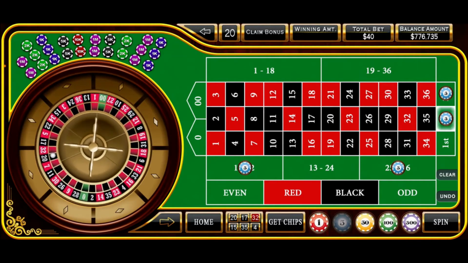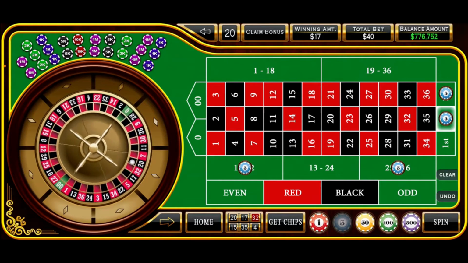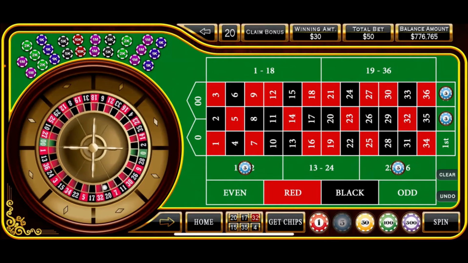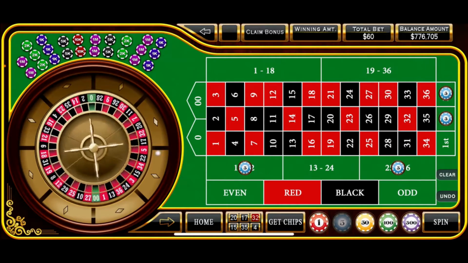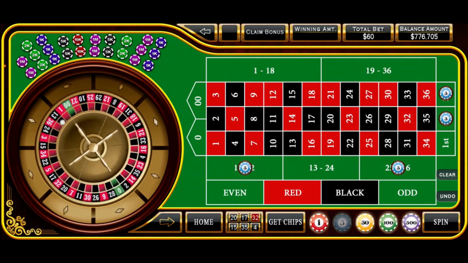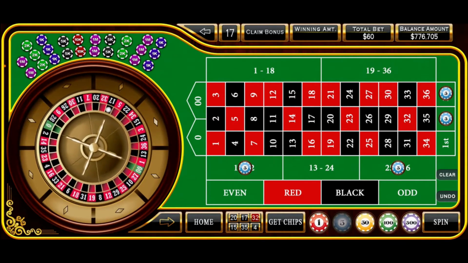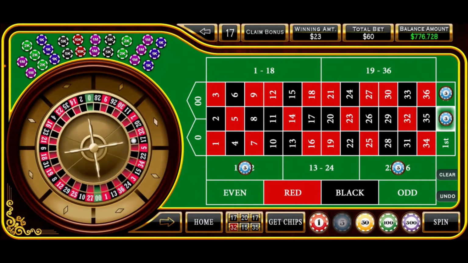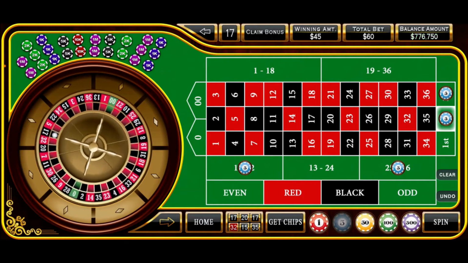And that's 20 black, so that's also another loser. So we'll go up to 3 units now. And we're spinning. And there's 17 black, so that's 2 of those out of the last 3 spins, so we lose once again.